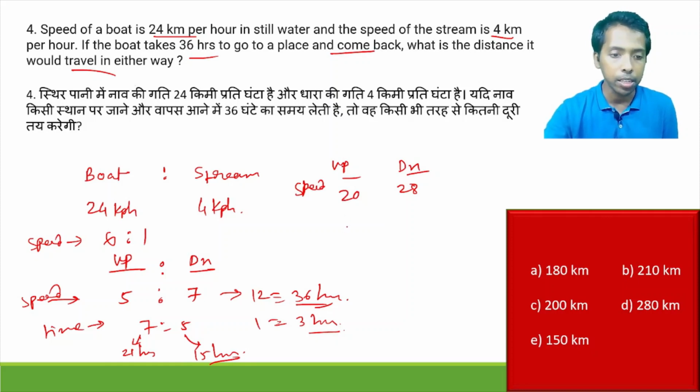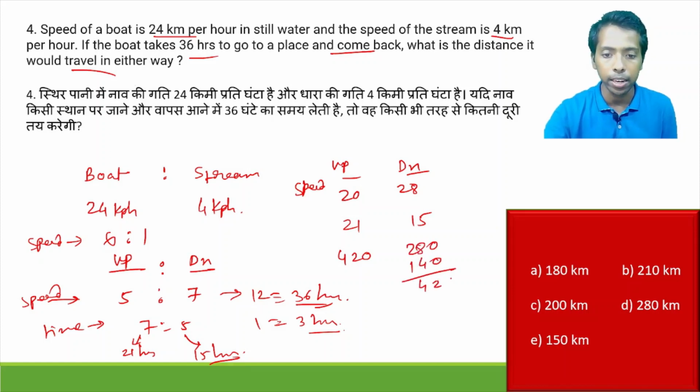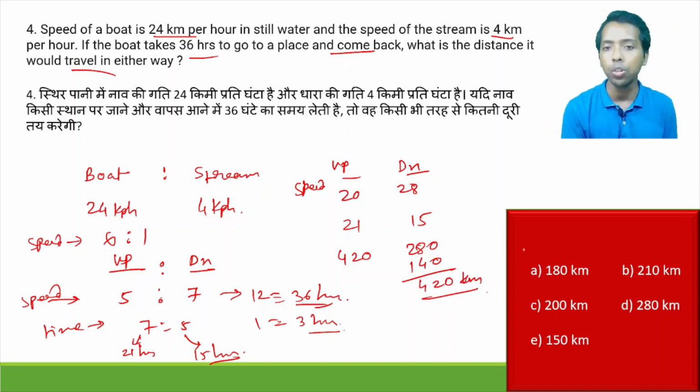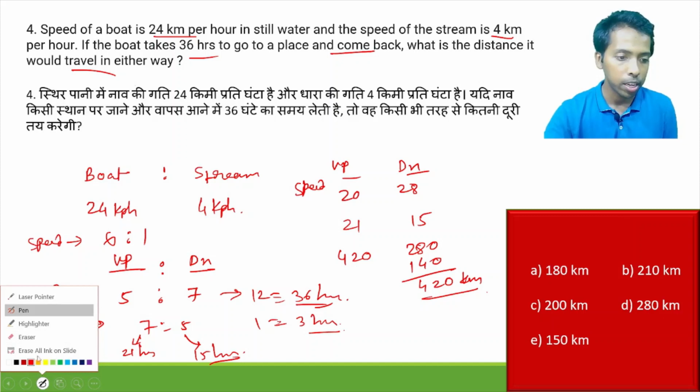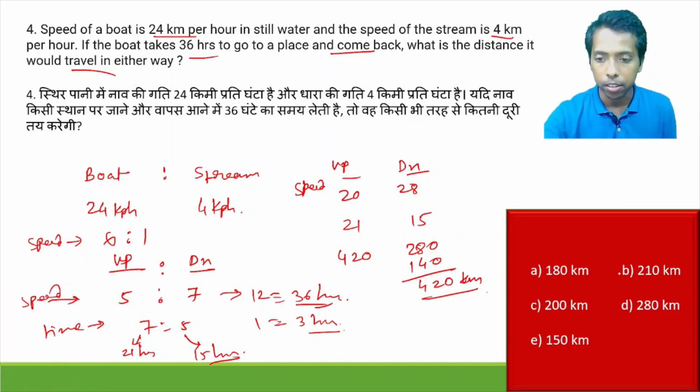Now the timing here is 21 and here it's 15, right? So this is 420, and 280 plus 140 is again 420. So the total distance is 420 kilometer. Understood? The options somehow miss the correct option here, anyway, make this one correct. 420 kilometer, option B is then the correct answer.